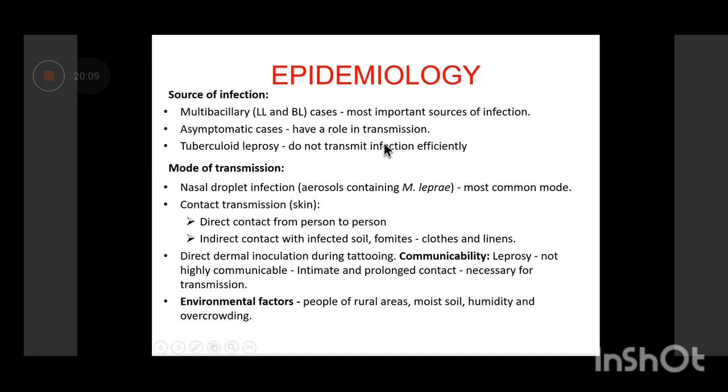These are more infectious as compared to tuberculoid leprosy, so they are the most important source of infection. Tuberculoid leprosy is paucibacillary, so it is not much involved in the transmission process. It does not transmit infection that efficiently.